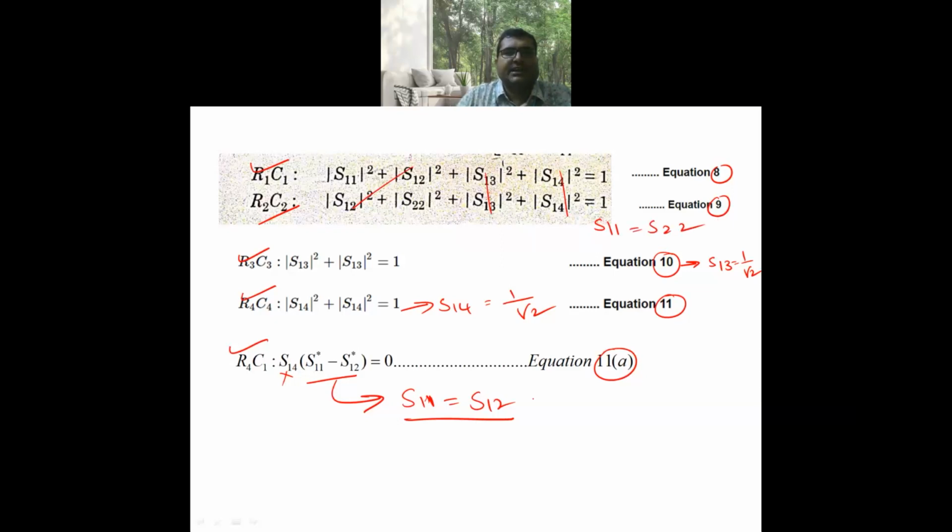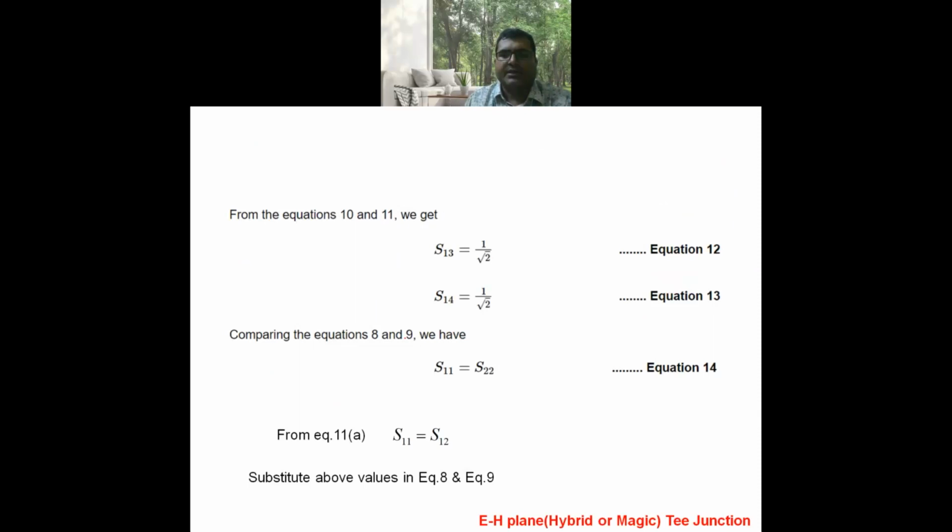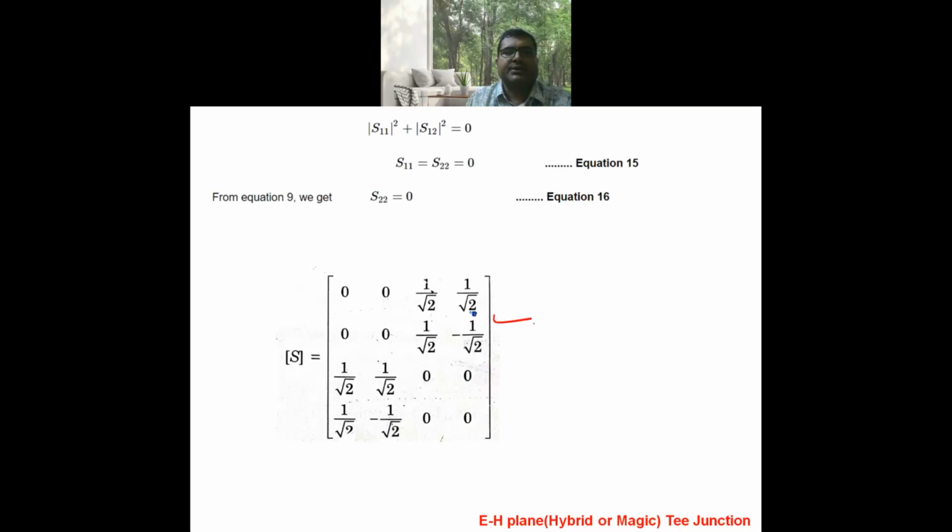By substituting all these interrelations once again in equation number 1 and rearranging, we get the S matrix for the E-H plane T junction: 1 by root 2 times the matrix with rows 0, 1, 1, 1; 1, 0, 1, minus 1; 1, 1, 0, 0; 1, minus 1, 0, 0. This is the S matrix.